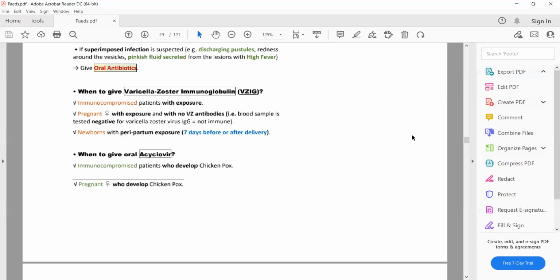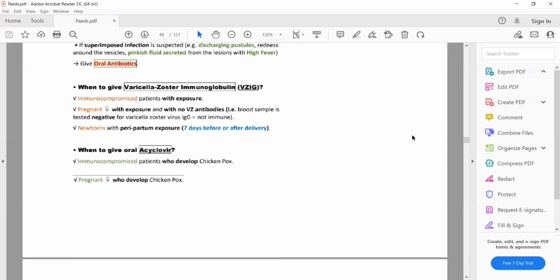And if there are no antibodies, it means they are not immune, then we need to give varicella zoster immunoglobulins. And if any of these 3 develop varicella zoster infection, then there is no use of giving these immunoglobulins. Then we'll use oral acyclovir.